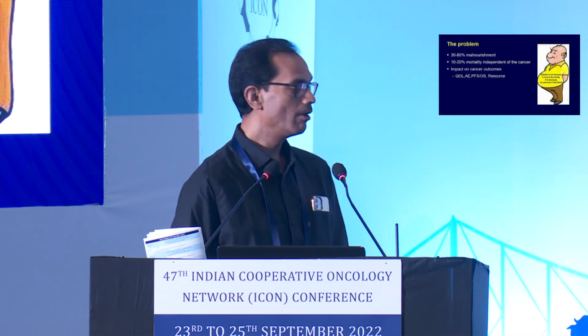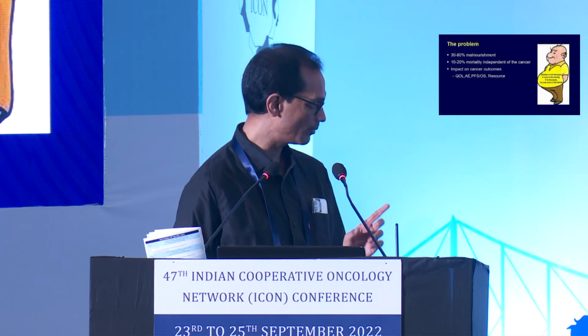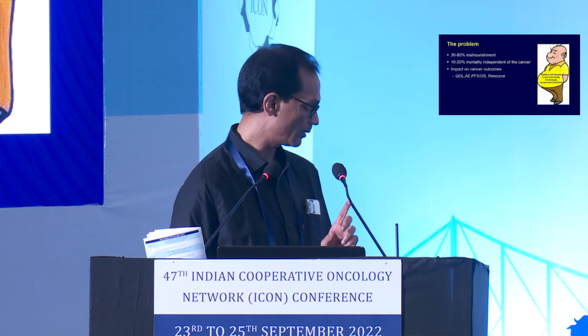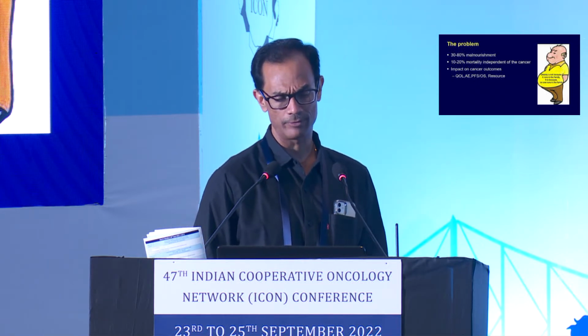In fact, there was a paper some years ago on just the impact of exercise and nutrition in adjuvant therapy of colon cancer, and it gave more benefits than what you get with adjuvant chemotherapy. So very important. And it has impact on all these cancer outcome parameters: quality of life, adverse events, PFS, OS, resource utilization, because patients who are better nourished are likely to develop fewer complications, so your usage of resources is less.